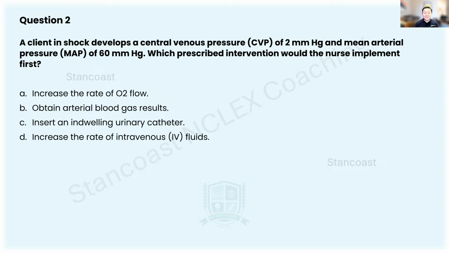A, increase the rate of oxygen flow; B, obtain arterial blood gas results; C, insert an indwelling urinary catheter; or D, increase the rate of intravenous fluids?